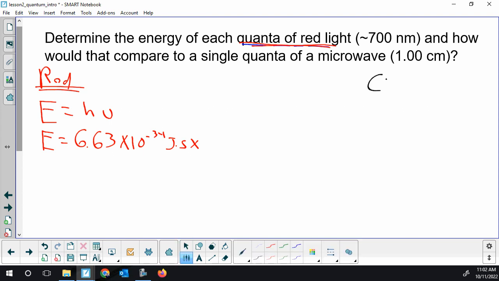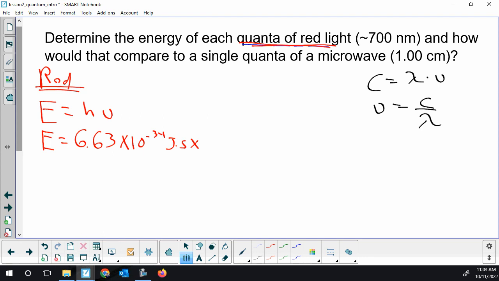So c is lambda times nu, and we need that nu because that's what goes into Planck's equation. So I'm going to rearrange for nu. Nu is equal to the speed of light c divided by the wavelength, and we're just going to have to watch our units. The relationships are fairly straightforward. There's no powers, there's no logs, but you have to watch your unit analysis.